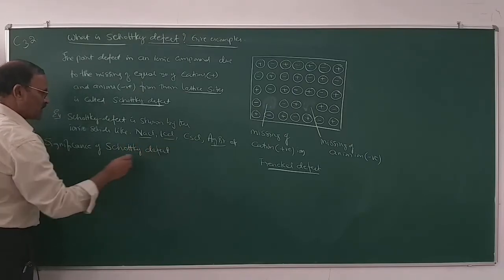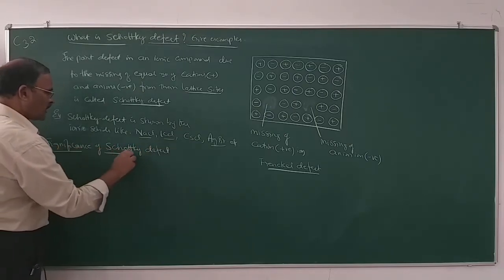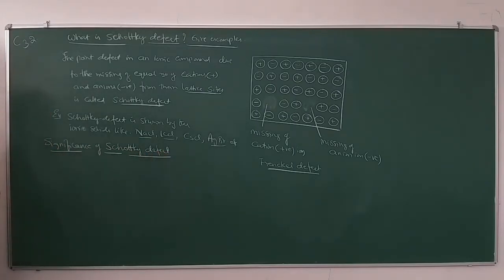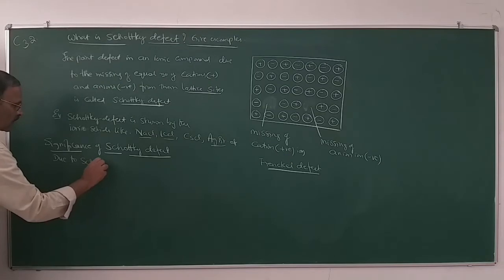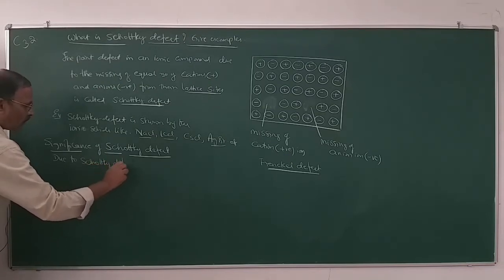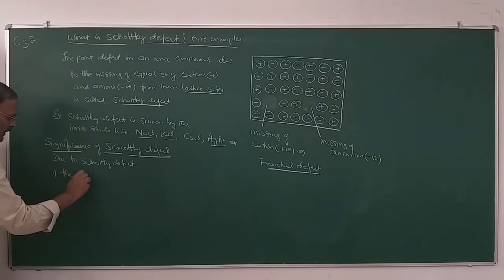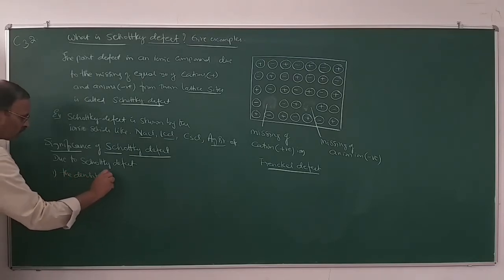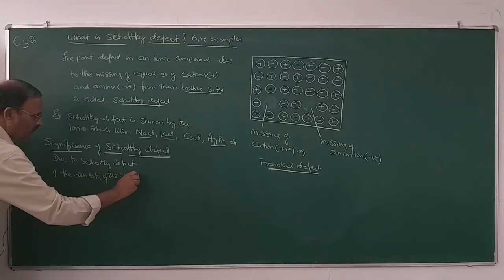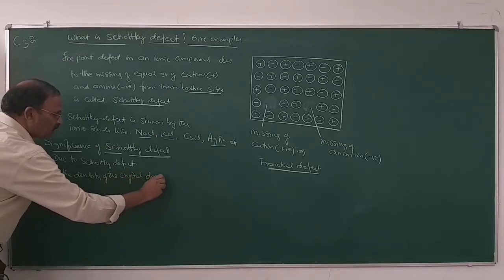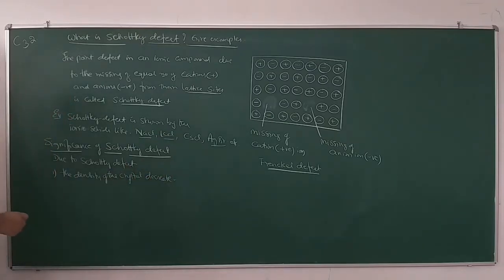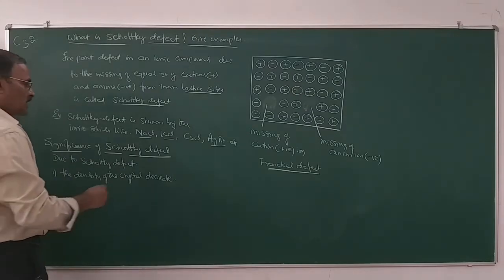So what happens due to Schottky defect? Number one, the density of the crystal decreases. Why does the density of the crystal decrease?